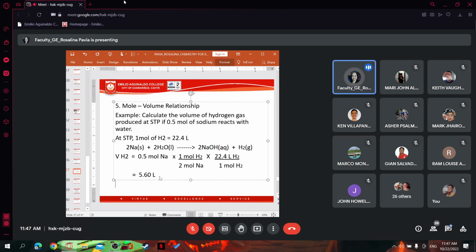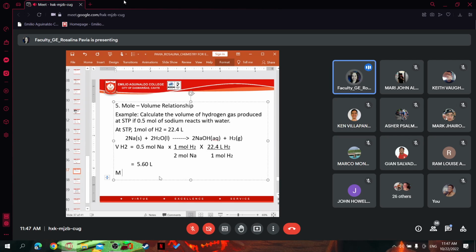Kaya gamitin natin yung formula. Convert muna natin yung 0.5 mole to gram para maging mass volume. Okay. Kukunin natin yung mass ng sodium equals 0.5 times, what's the atomic mass of sodium? 22.90. 23 na lang.